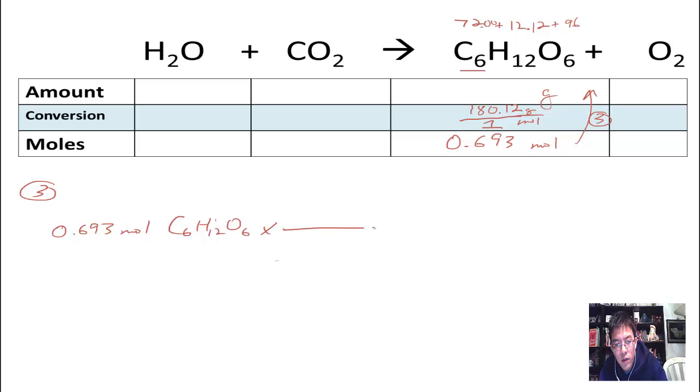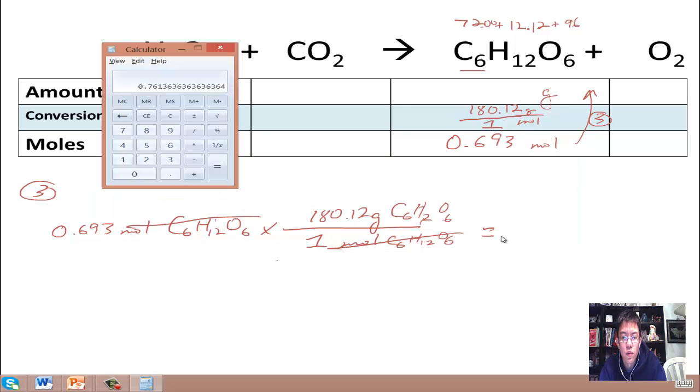In every mole I have 180.12 grams of C6H12O6. The moles are going to cancel out, and let's see what I'm left with.